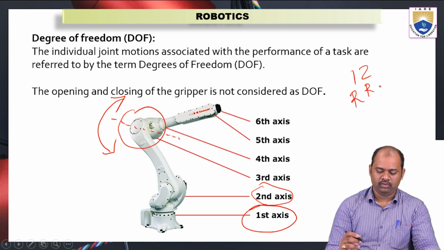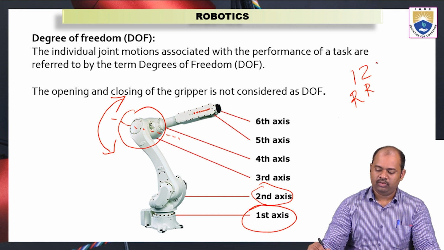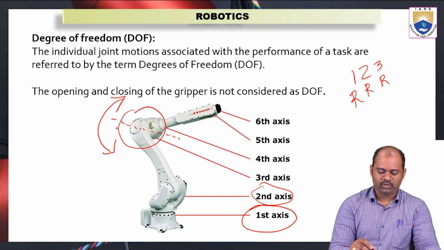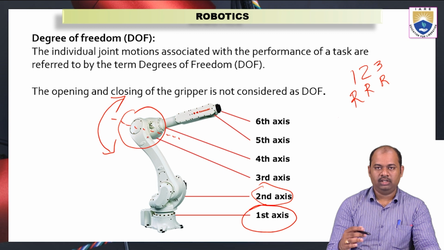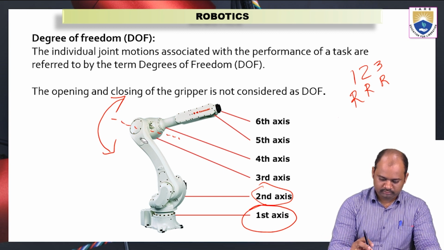We'll see how many rotations are possible. And again here at the third axis, we have rotation again. Okay, 3 rotations are there. This will rotate about a plane which is perpendicular to the horizontal plane. Okay, and again here another axis is there.